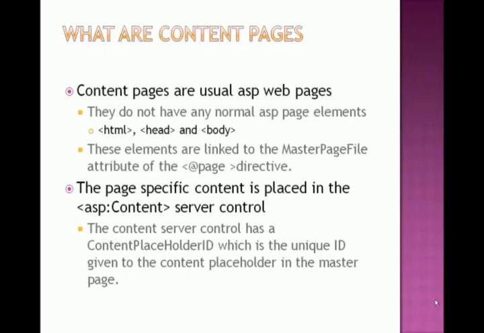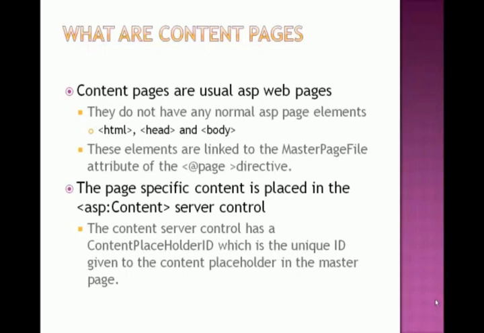The page-specific contents that you want to place in these ASPX web pages can be placed within an ASP Content server control. So an ASP Content server control has a ContentPlaceHolderID, which is equal to the ID of that specific placeholder in your master page. And then within this content server control, between its opening and closing tags, you can put the page-specific content that you want.